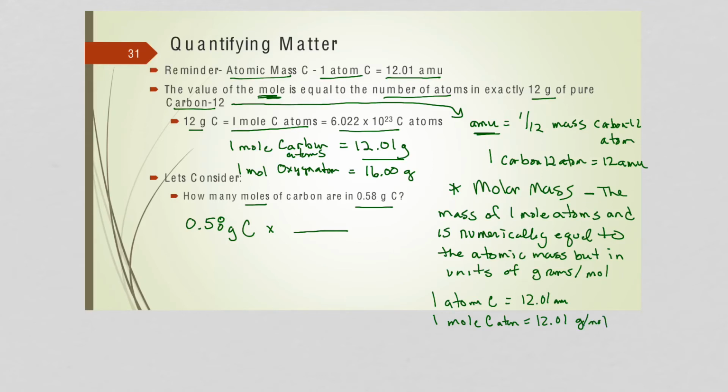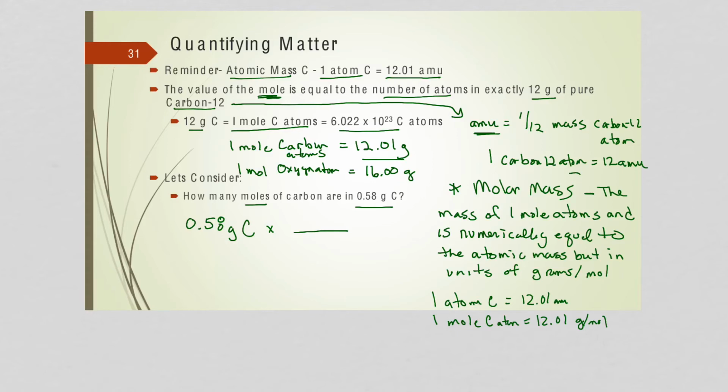So that mass on the periodic table actually stands for 2 things. It is the mass of a single atom, or the average mass of a single atom in AMUs, and it is the mass of 1 mole of atoms in units of grams per mole.